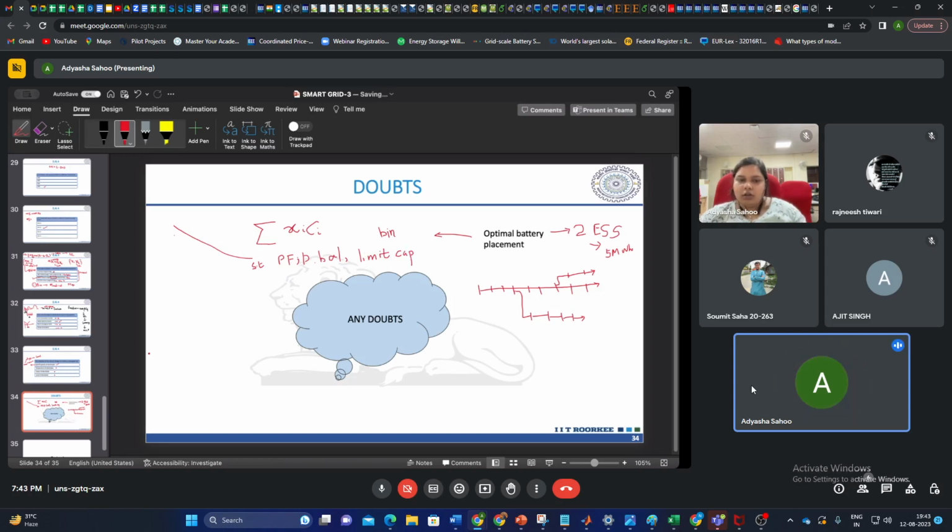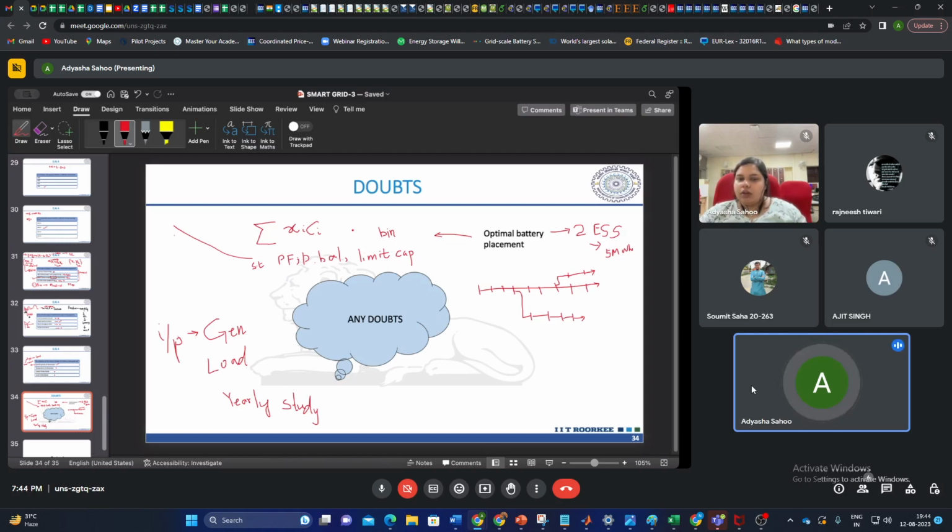And we will take the forecast for generation and load as input, and we may perform a yearly study to identify which bus is the optimal position for this energy storage device to be deployed.